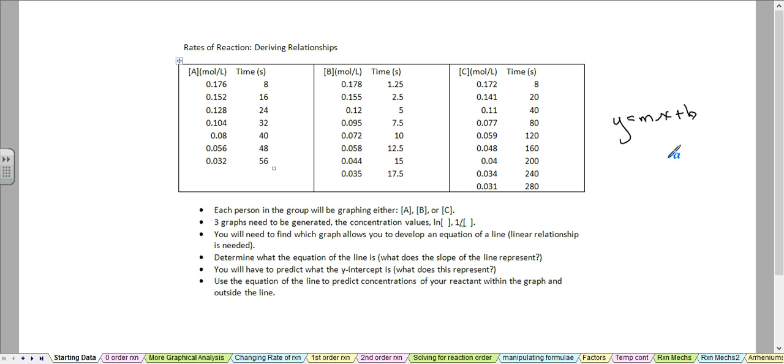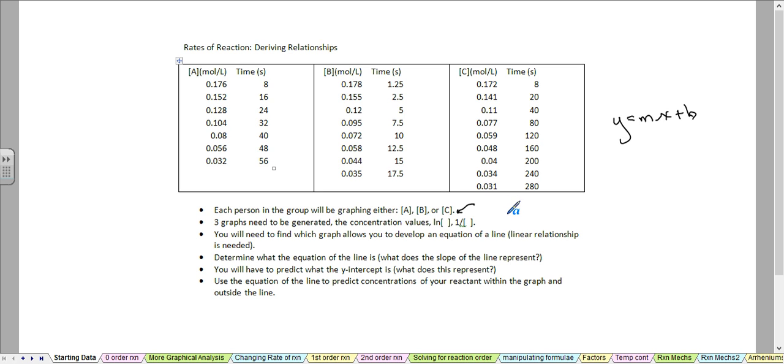Now, just doing a straight concentration time graph may not work, so we're going to use a couple extra tricks here. We're going to generate three different graphs. The first is a concentration versus time graph. We're also going to generate a ln of concentration over time graph, and that's a little button on your calculator.